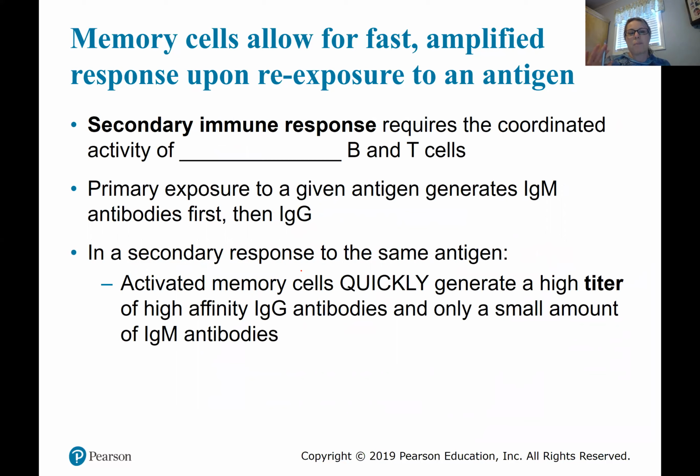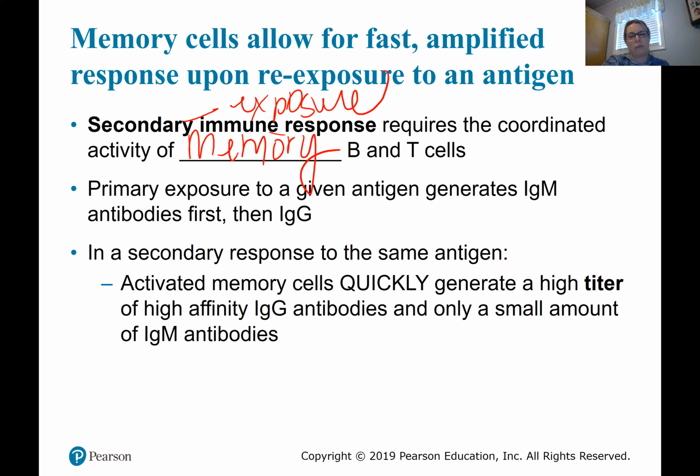So remember, our primary immune response, the first exposure, takes at least a week for T cells, B cells, and antibodies to get to a higher level. Secondary immune response, the secondary exposure, is coordinated by the activity of the memory T and B cells. So secondary exposure is going to lead to the secondary immune response.